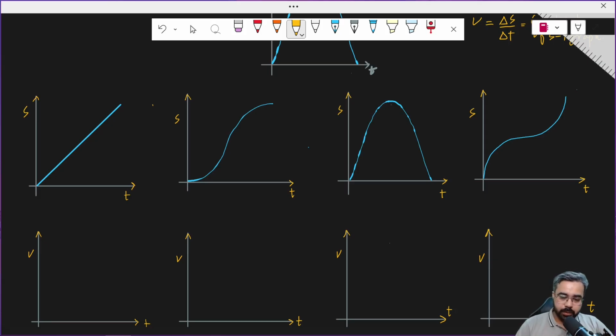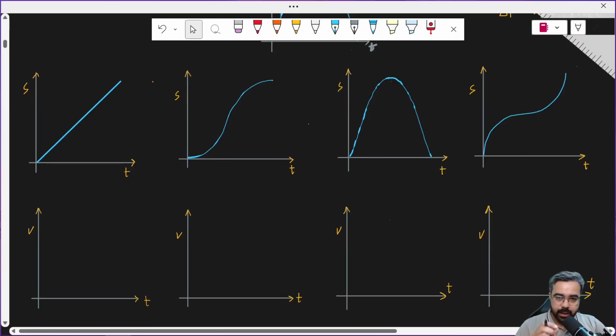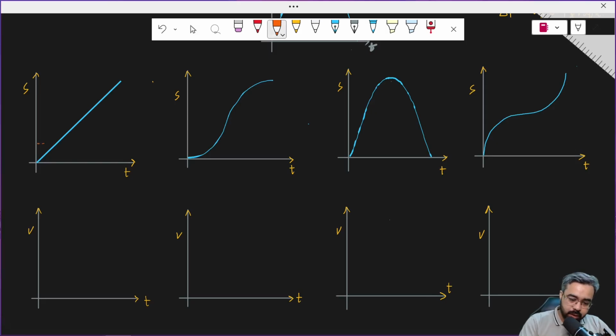In the first option, option A, many of you can easily guess that it is a wrong answer. Why? Because you notice there is an equal change in the distance with respect to time in every interval, so the object covers equal distance.